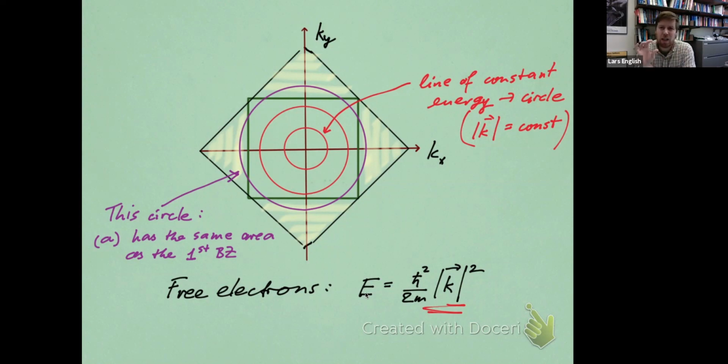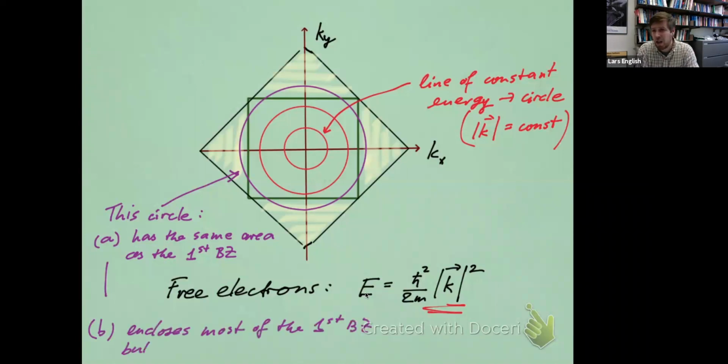I selected the radius of that circle such that the area of that circle would be the same as the area of the green square. The green square is the first Brillouin zone, and I wanted a circle that has that same area. So that's the first thing.